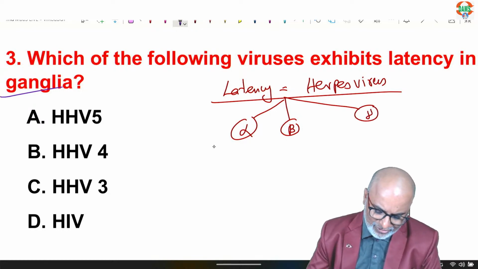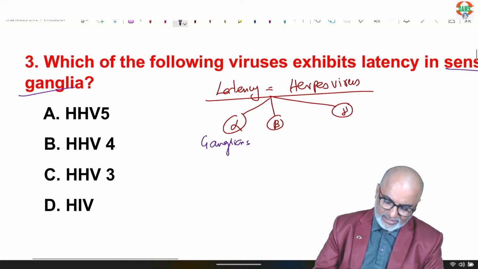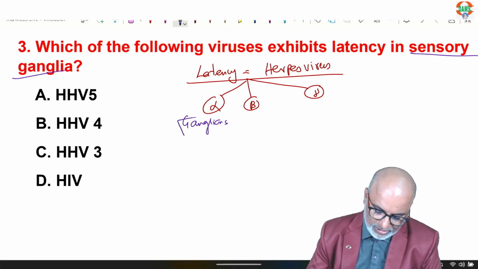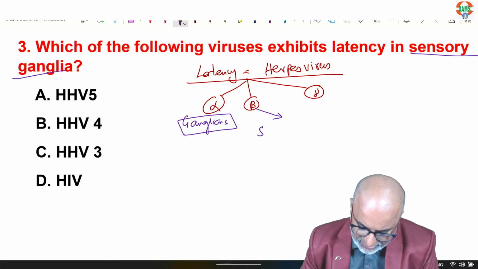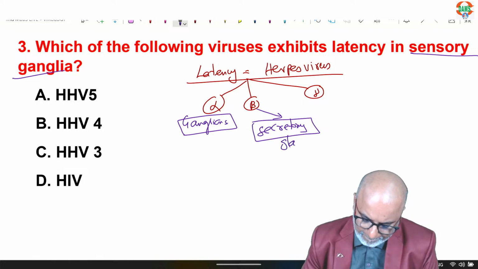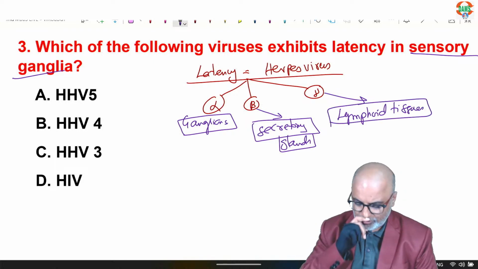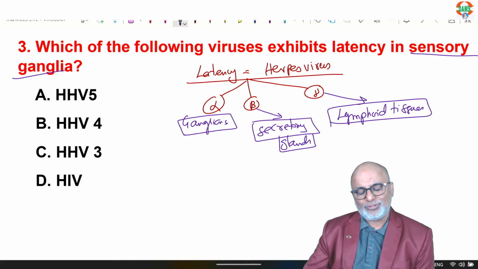Alpha settles in ganglia. Beta settles in secretory glands. Gamma has latency in lymphoid tissues.